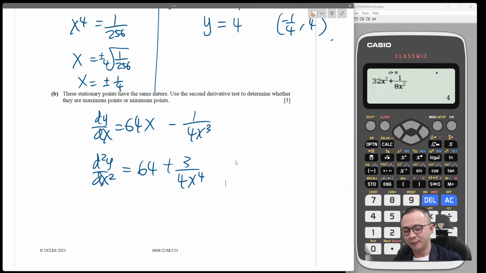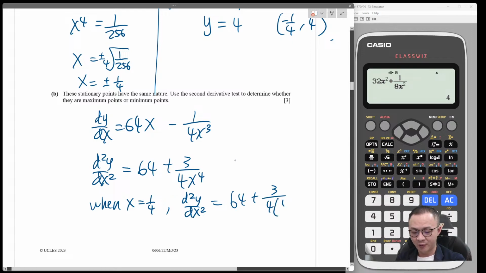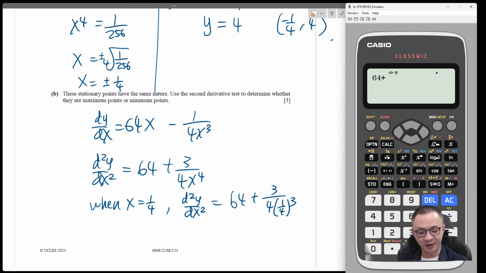So when x equals positive 1 over 4, my d2y/dx squared will equal, you can just substitute, but I think it's definitely positive. I will use the calculate button again: 3 over 4x to the power 4, when x equals 1 over 4.